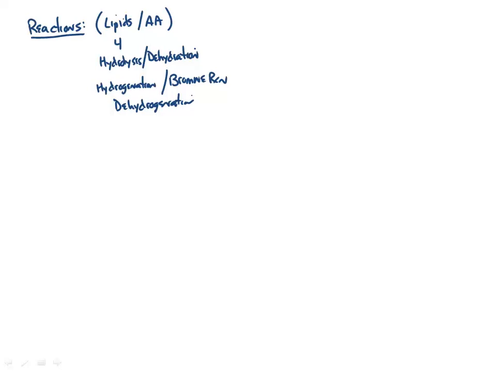And what I want you to realize is that, for instance, the top 2 are just plus H2O, minus H2O, right? Meaning they're opposites. If you know one of them, you kind of know both of them. At least that's my goal, or that's the hope. And notice that hydrogenation, dehydrogenation, really is just adding H2 and removing H2.